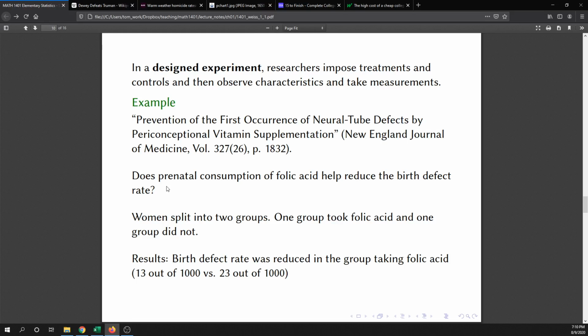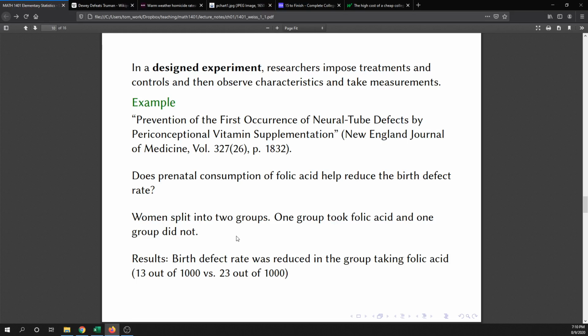Here, what they did is split women into two groups. One group took folic acid supplements, and one group did not. So here they are imposing a treatment on one group and not the other. That's what the researchers set out to do.